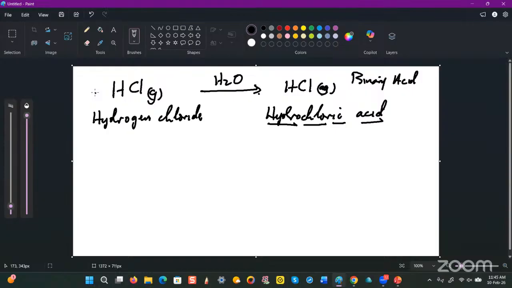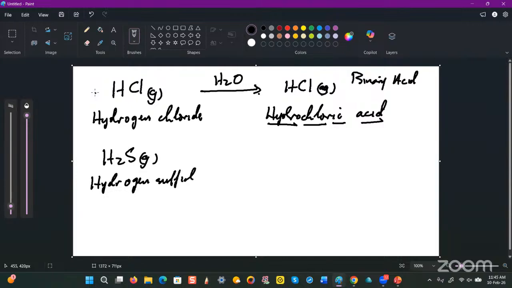Let me give you another example. H2S gas. This is called hydrogen sulfide, a very awful smelling gas. In fact, the odor of rotten eggs is basically hydrogen sulfide.